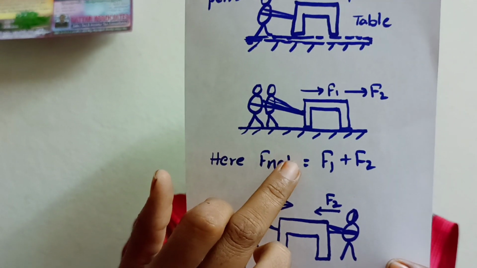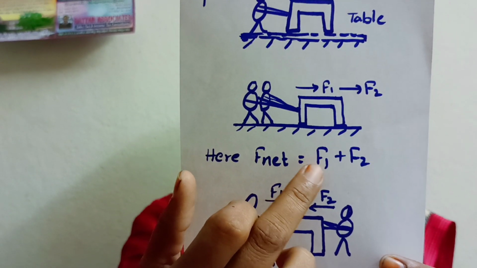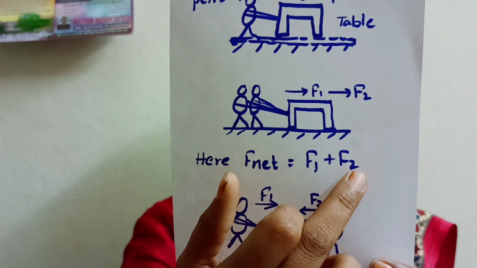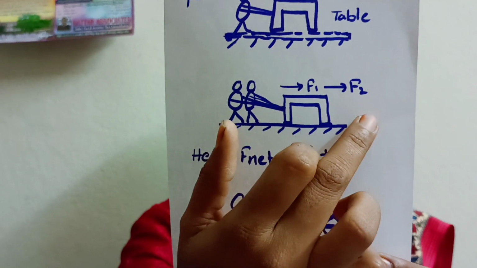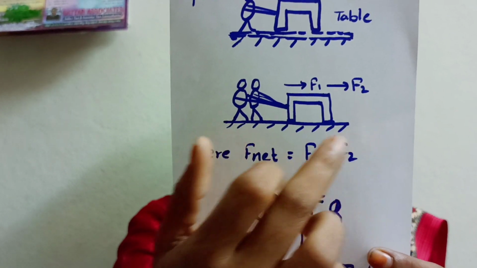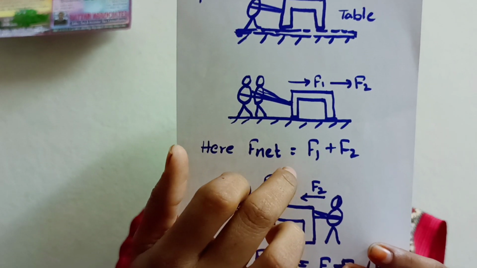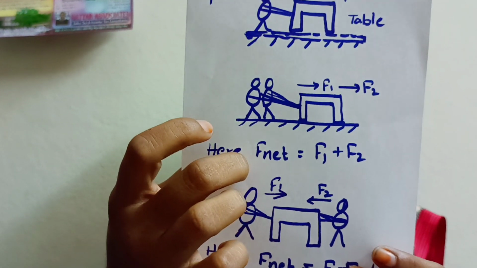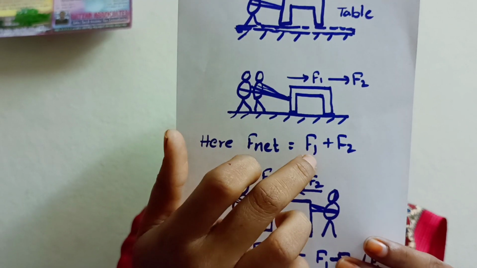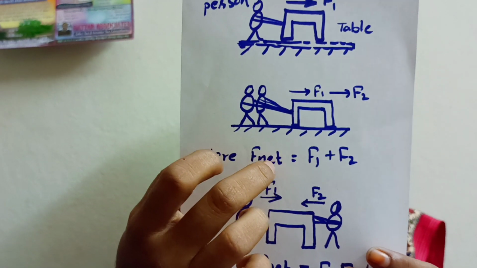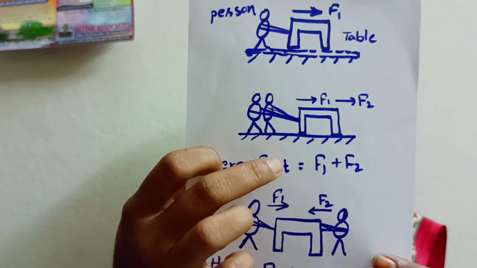Here net force is equal to F1 plus F2. Both are applied in the same direction. The resultant force we call net force, the sum of the two forces.